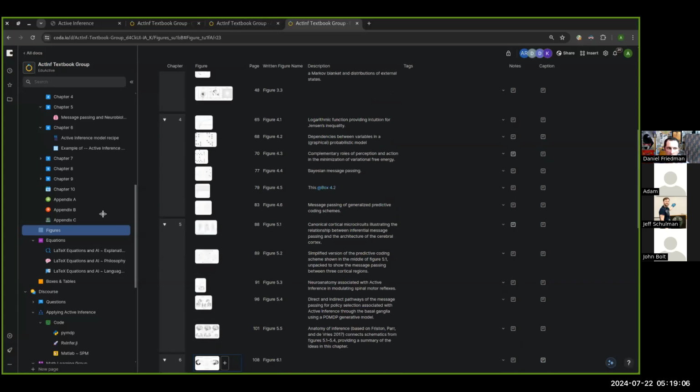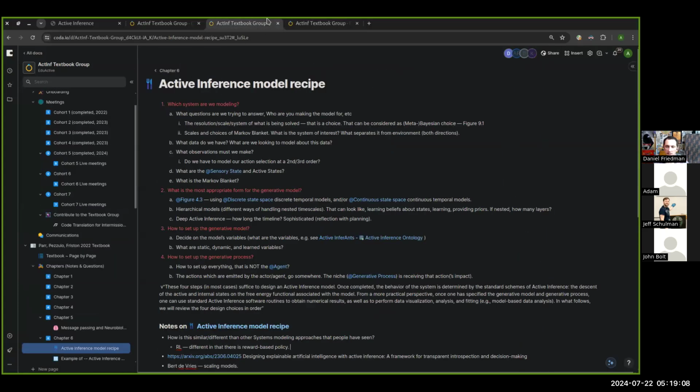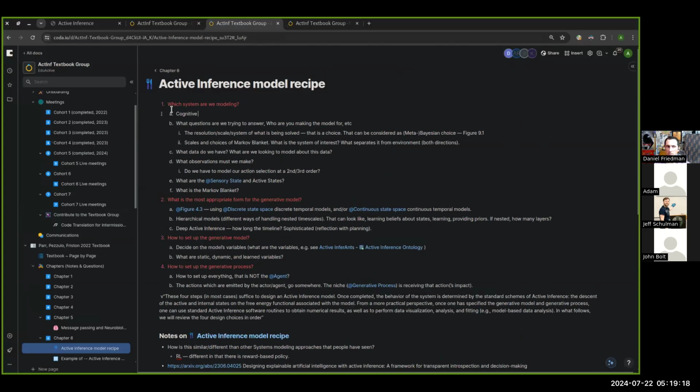Okay, so now let's look at the recipe. Then we'll get to equation 2.5 and 2.6. In the recipe, first, we identify the system that we're modeling. This is the cognitive particle, or really the cognitive particle plus niche. It's the total setting.